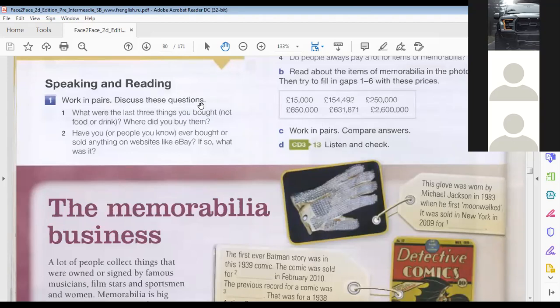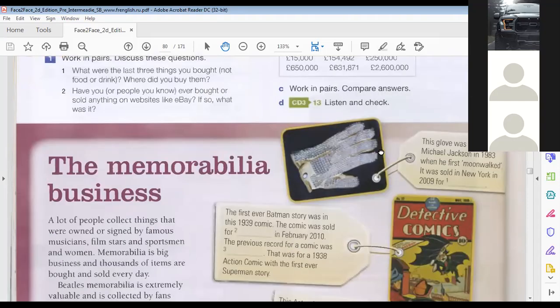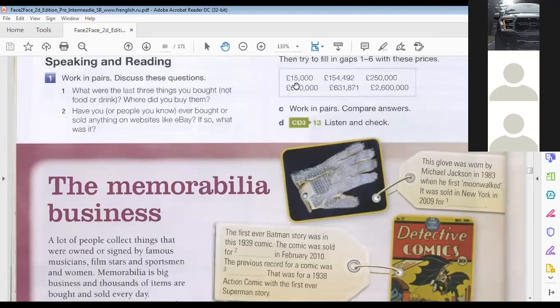What do you think, Selma? 154 thousand. Okay. Do you agree, Samiha? Do you think it sold for $154,492, or maybe more expensive, or cheaper? More expensive than 150,000? Yes, maybe 650.